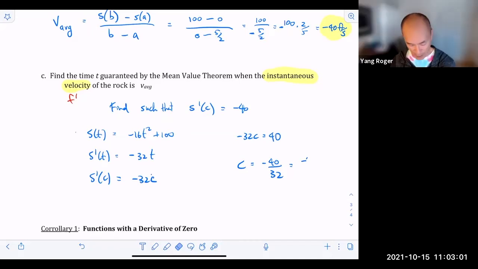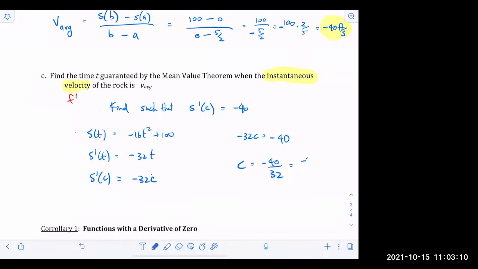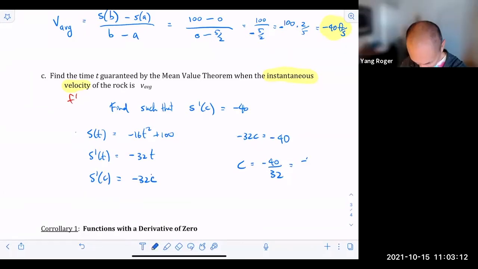No, sorry. I was wondering why my answer was negative, and then I realized that I put 40 instead of -40. So there has to be a -40, right? I forgot the negative. So a negative divided by negative gives you a positive. So this would be plus 5/4, as you said, Reagan. And the units are seconds. Okay.